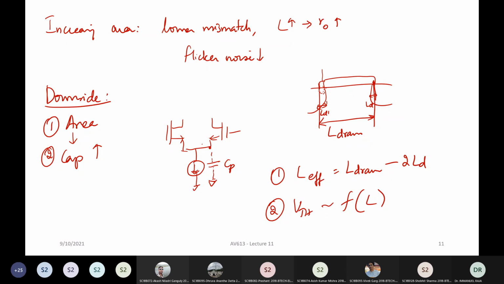Any other questions? Good observation. There are situations where having a very exact copy or an exact scaled copy is more important than just saving area. So you just go ahead and increase the area till you get what you want.